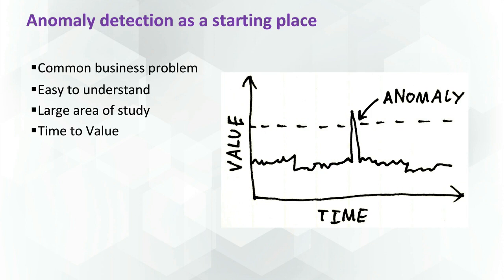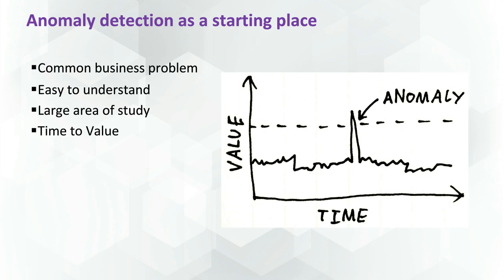And it's a very easy concept for people to understand. Just about anyone, technical or non, can look at a graph and say, hey, there's a weird point on there. Why did it spike? Why did it go down rapidly? It's a really easy thing for people to think about.